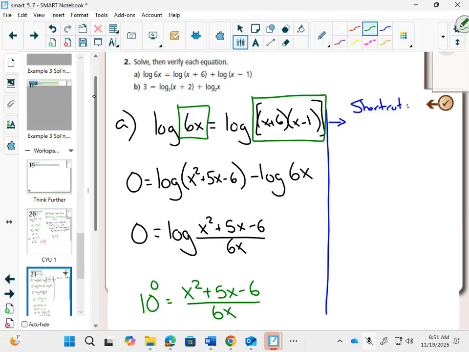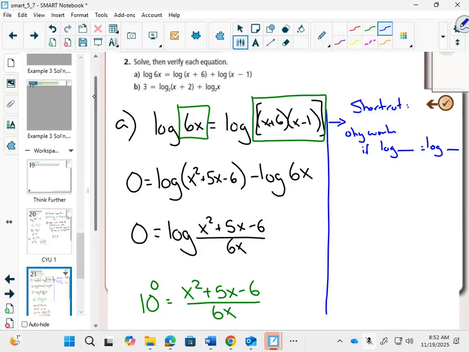So the shortcut only works if you have log equals log. If someone had an extra +1 on one side, the shortcut is impossible to use. It only works if you have a log on one side equal to a log on the other side. And if you have that, the inside, the green boxes, would have to be the same.